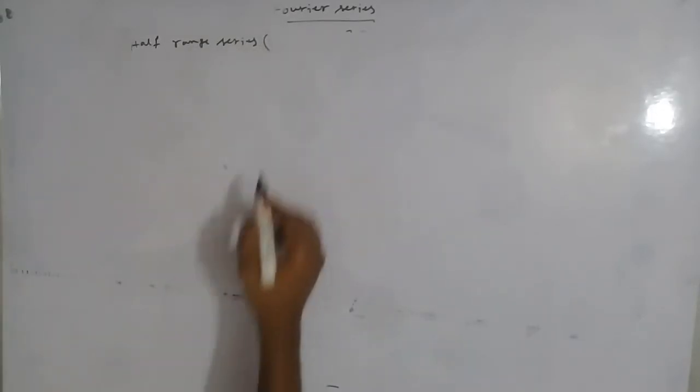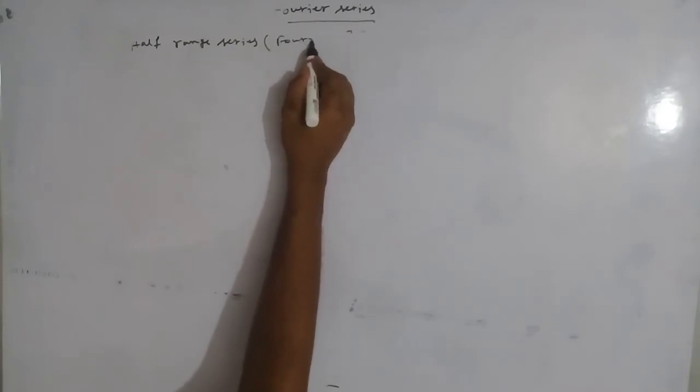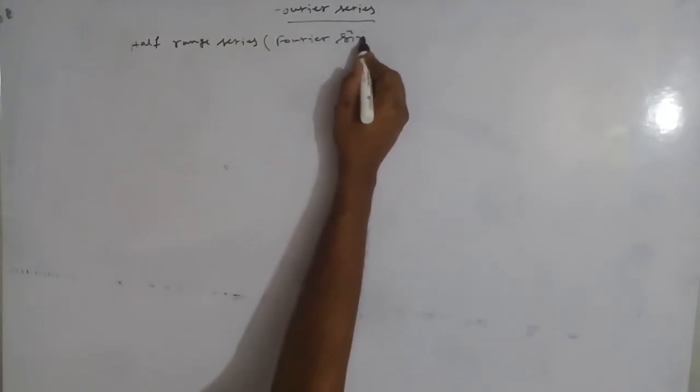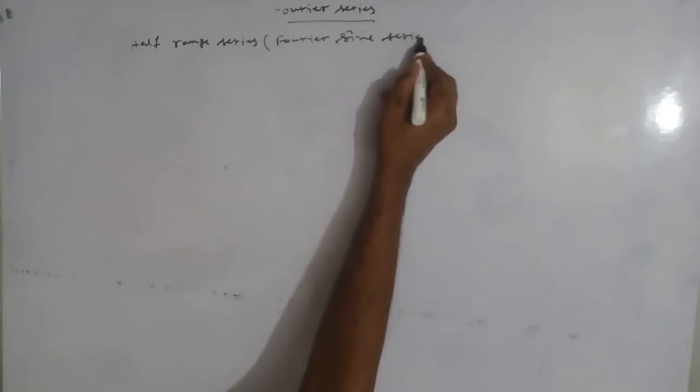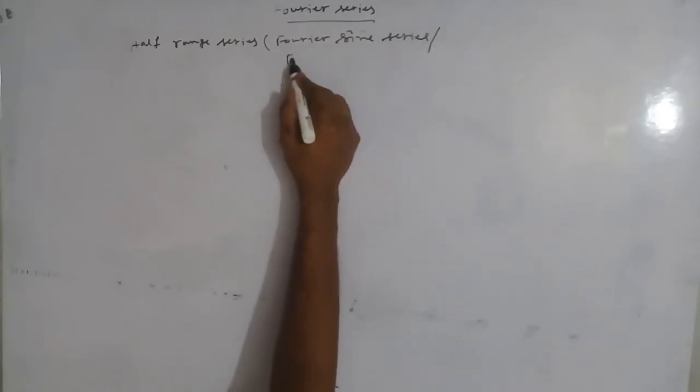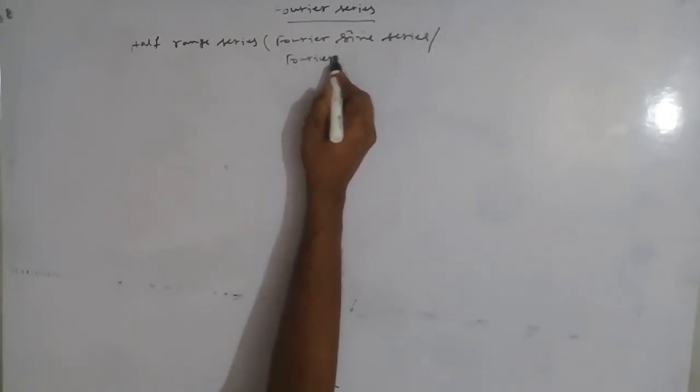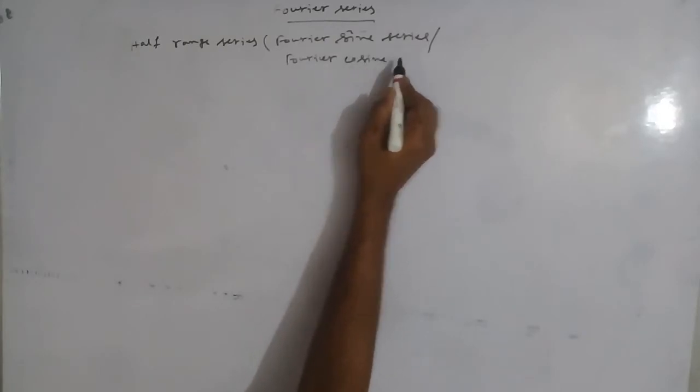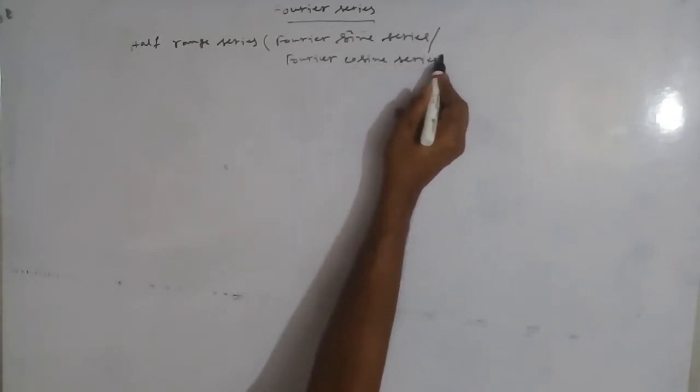There are two types of half range series. One is called Fourier sine series, and another is Fourier cosine series.